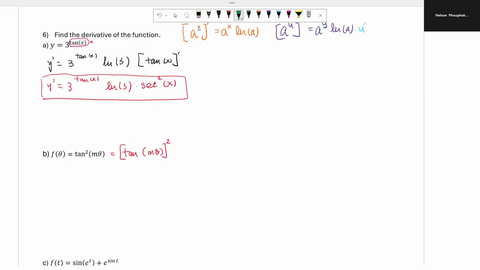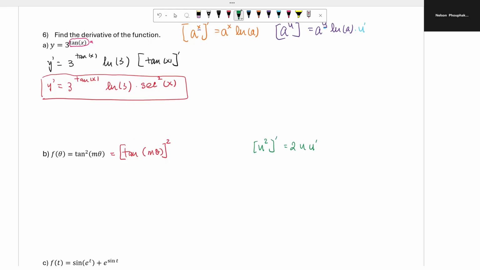And now, when I try to find the derivative, first of all, I would like to see how to work out the u square. In this case, the derivative of u square will be 2u u prime.